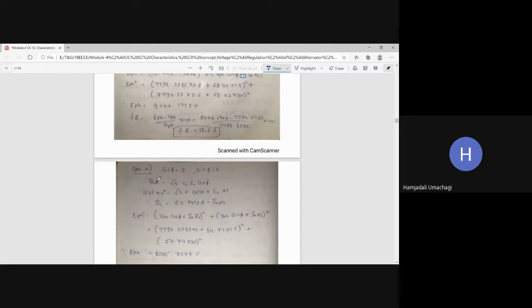So now once again you calculate P out. Power in case of a three-phase alternator is given by root 3 VL IL cos phi. Power is 1280 kilowatts, that is 1280 into 10 raised to 3 equals square root of 3. Line voltage is 13,500. IL I don't know, I need to calculate it, and cos phi is 1. So tell me the answer for IL.